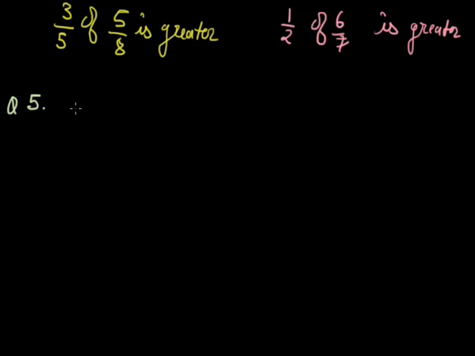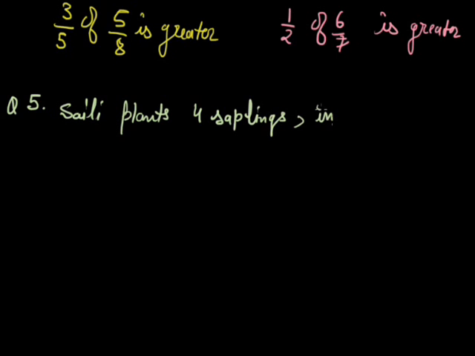Next question number 5. Salil plants 4 saplings in a row in her garden.